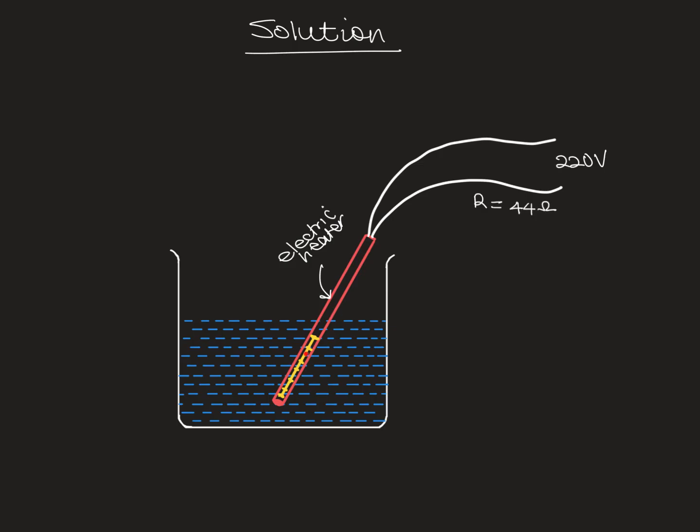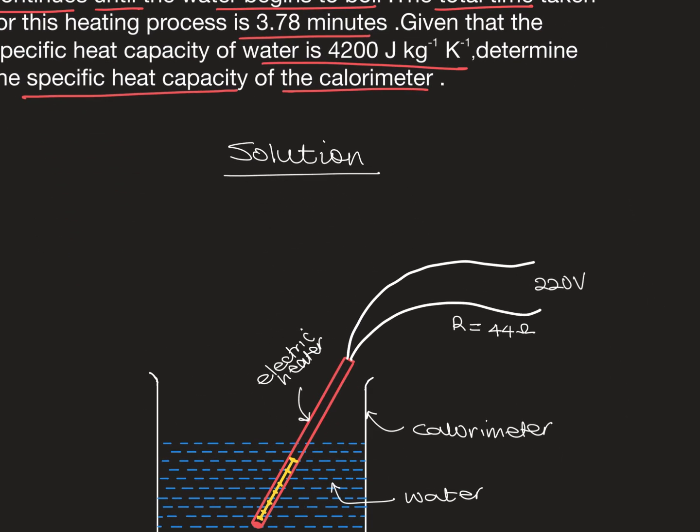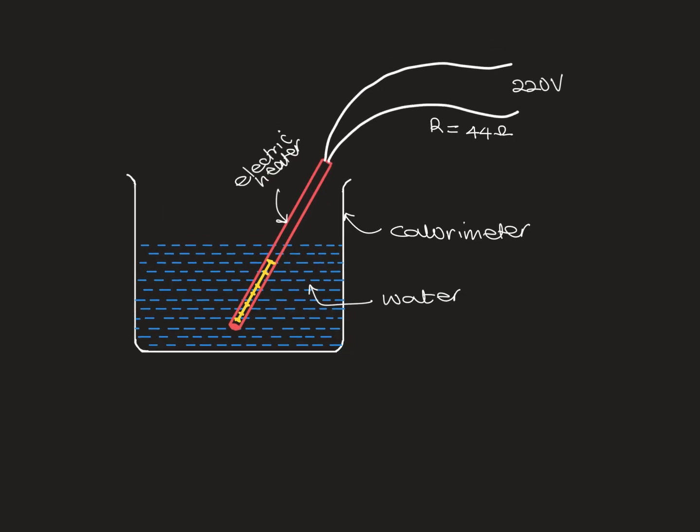The electric heater is used to supply heat to the water that is inside the calorimeter. This is the water and this is the calorimeter. The calorimeter and the water will have the same initial temperature, which is 40 degrees Celsius.